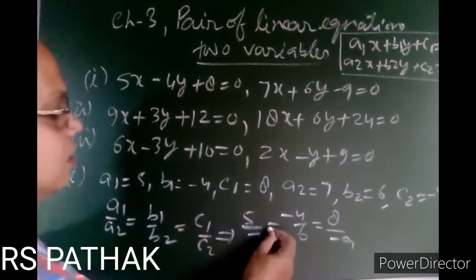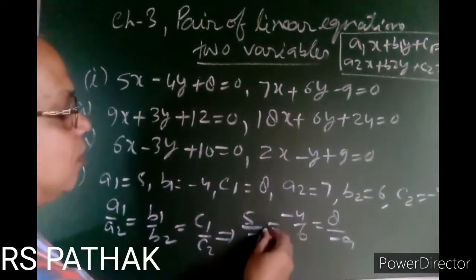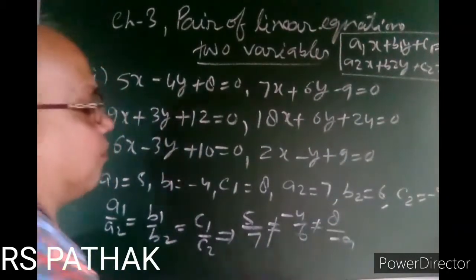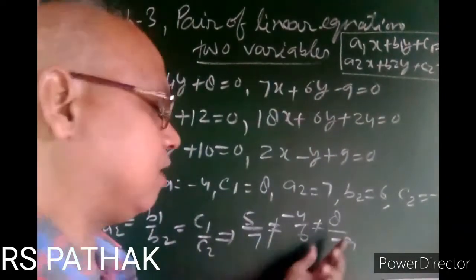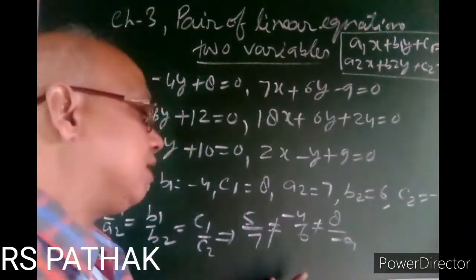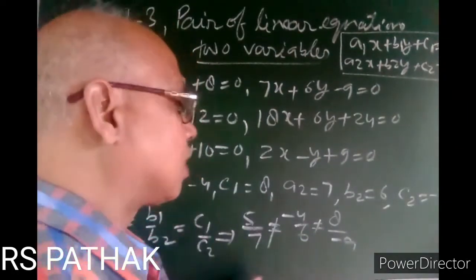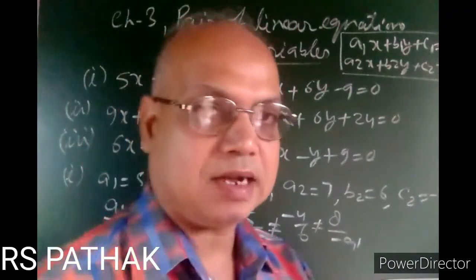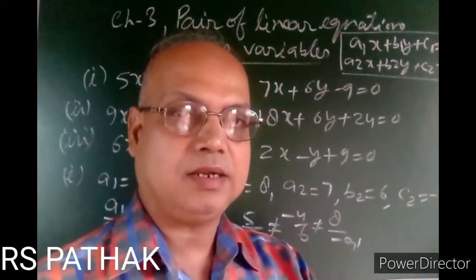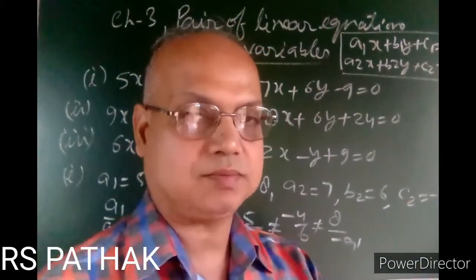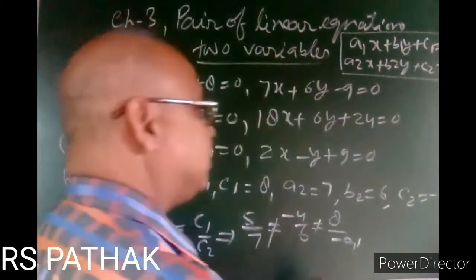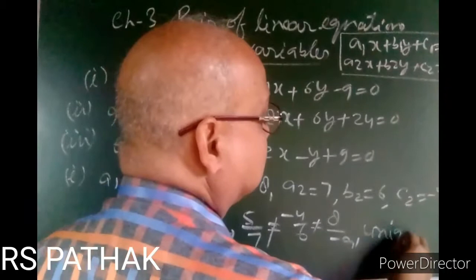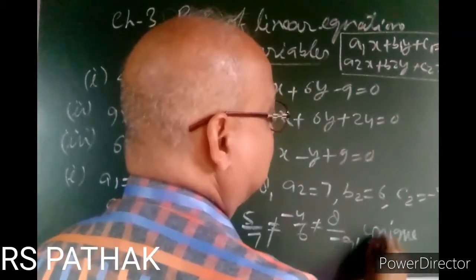Here you are seeing that 5 upon 7 and minus 4 upon 6 are not equal. This is also not equal. What does it mean? The two lines will intersect each other at a unique point, a single point. Therefore, these two equations will represent a unique solution.